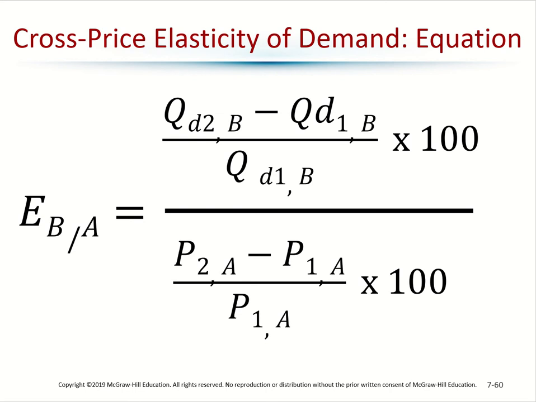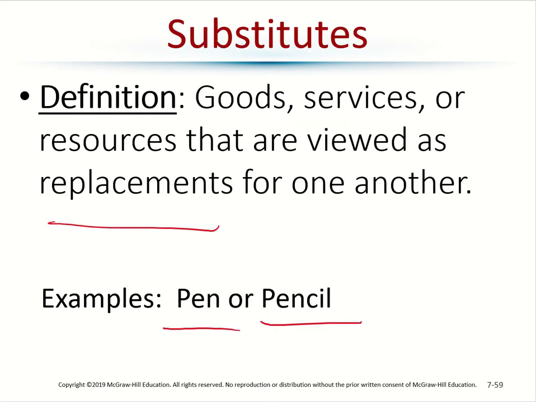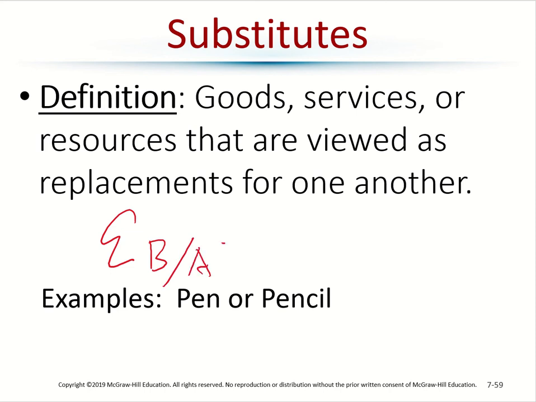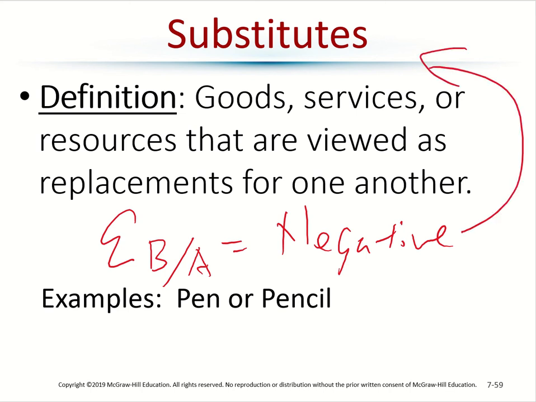Okay, so if your cross price elasticity is negative, so the price of orange increases, yeah, so this would be called a substitute, right? So again, do not take the absolute value. So if this is negative, that's a substitute.